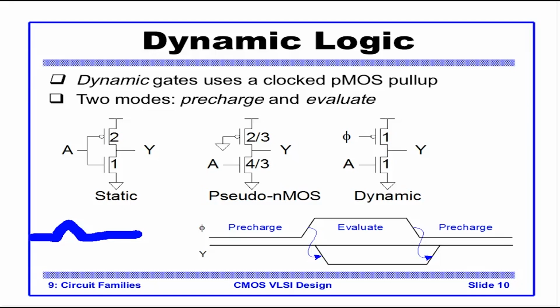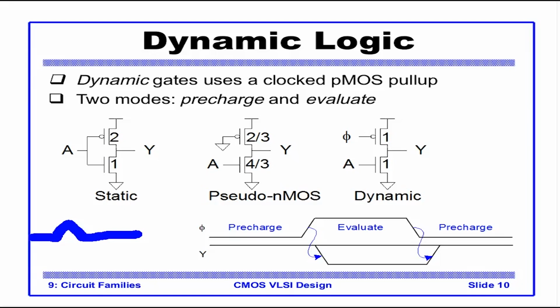Now Y has the effect of A even when there is a noise on A which is as small as Vt. Now let's fill in some values. VDD 5 volts. Vt let's say would be typically 0.6 to 0.7 volts.